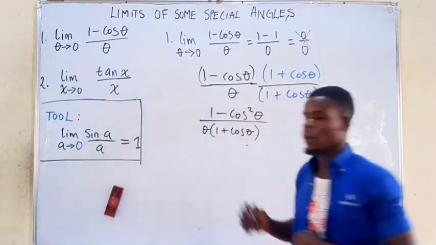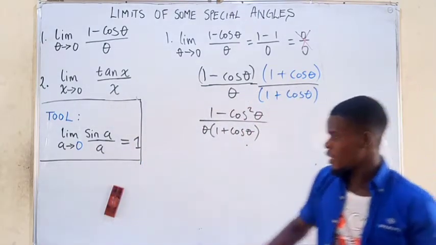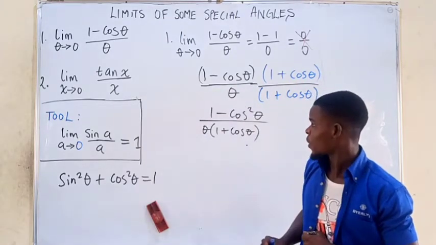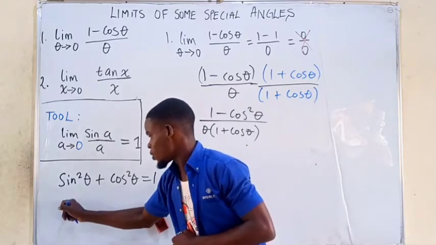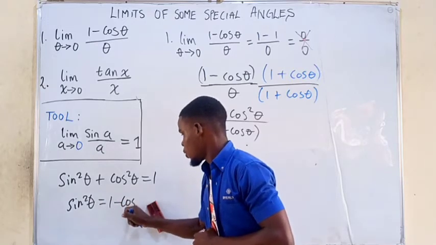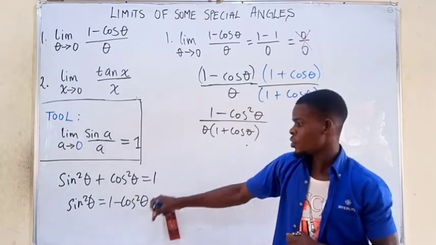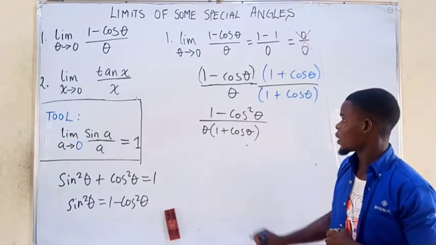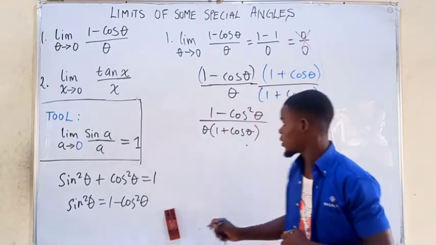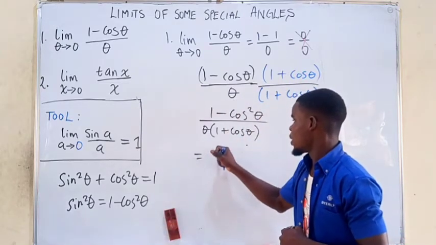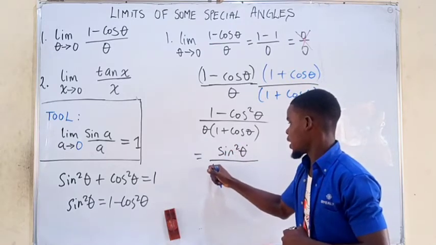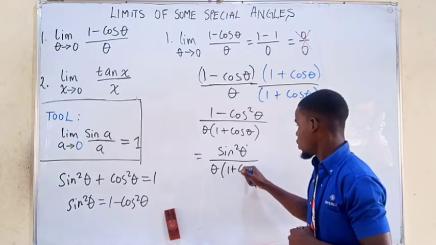Now, we know of a trigonometric identity that tells us that sine squared theta plus cosine squared theta is equal to 1. If you make sine squared theta the subject of the formula, you'll have 1 minus cosine squared theta. So with this equation, you can get to the second equation. In the numerator, 1 minus cosine squared theta is sine squared theta, so we have sine squared theta over theta times (1 plus cosine theta).